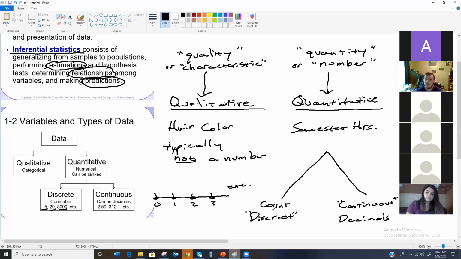Discrete. But if you can have something in between here, you could have 0.37, 1.8, and of course, you could have 2.0.